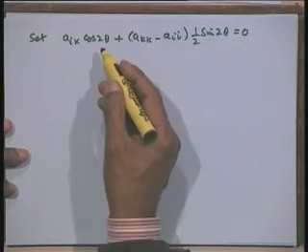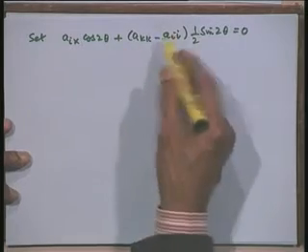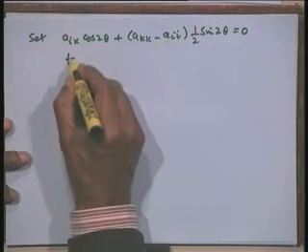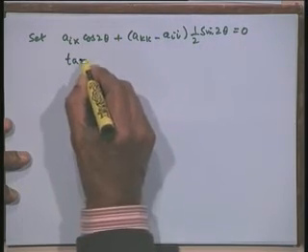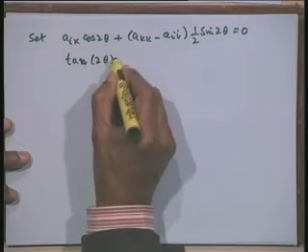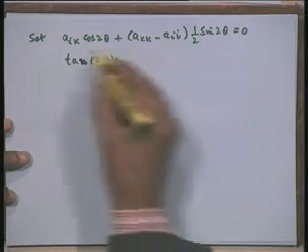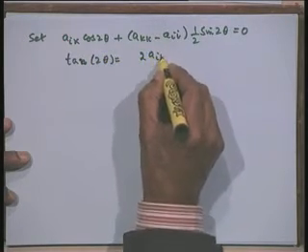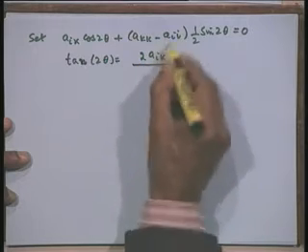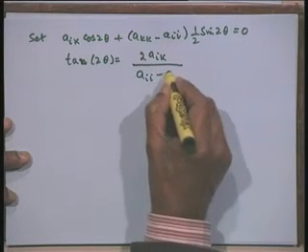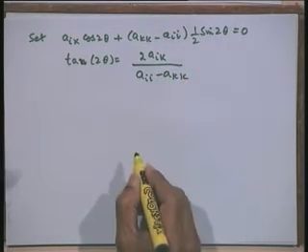So, let us now solve for theta. I can take this to the right hand side and write tan of 2 theta is equal to 2 times a_ik, and I will change the sign of this, a_ii minus a_kk.